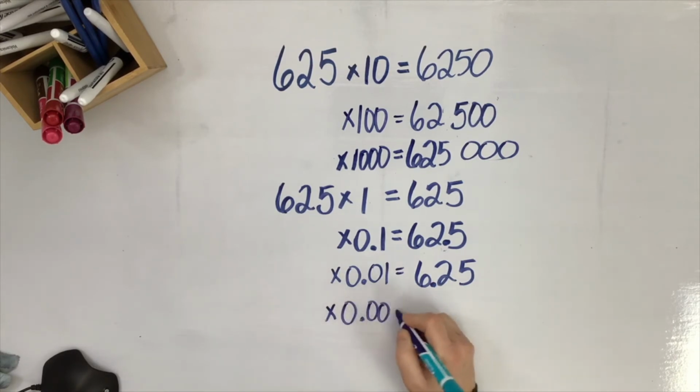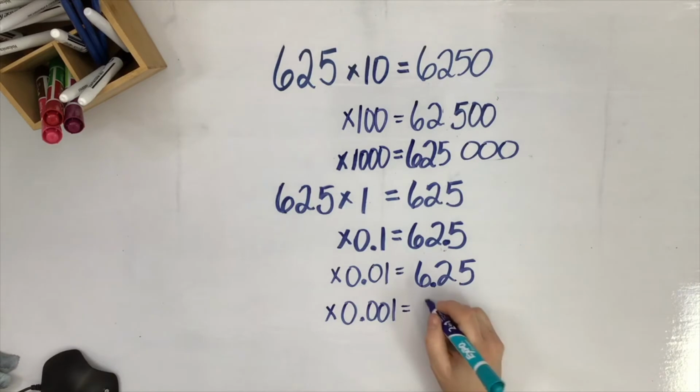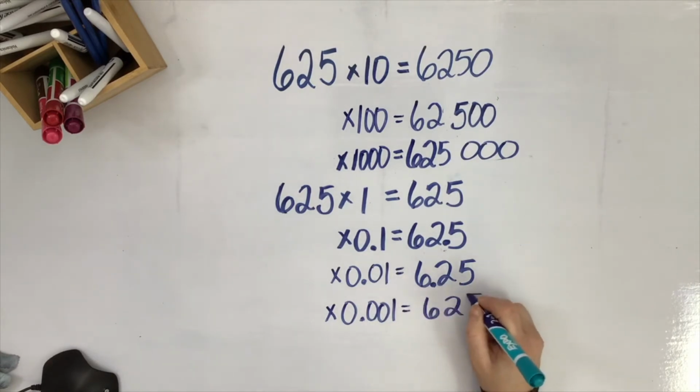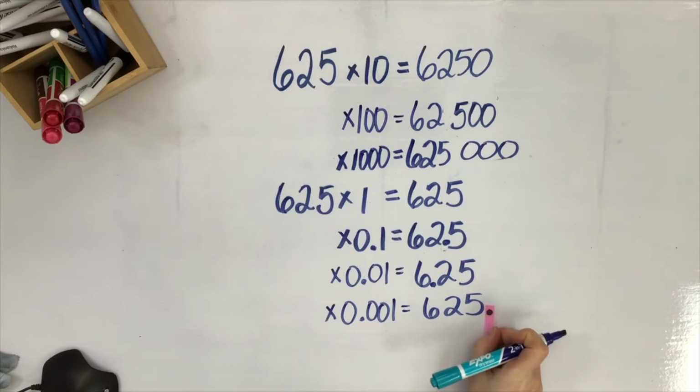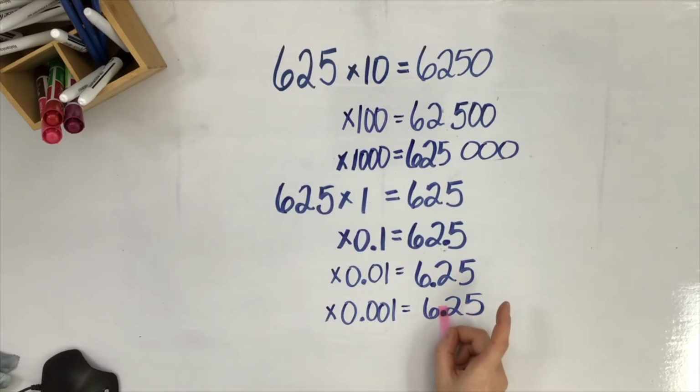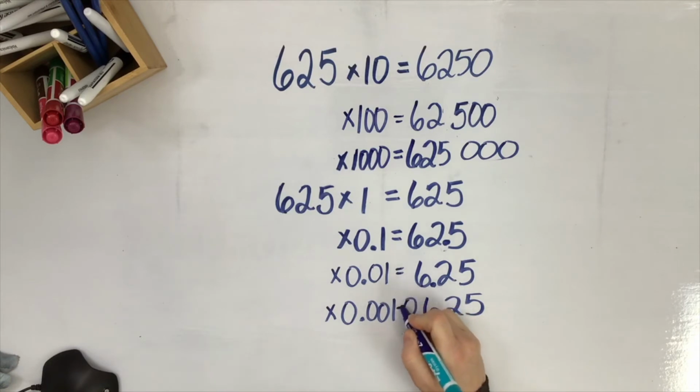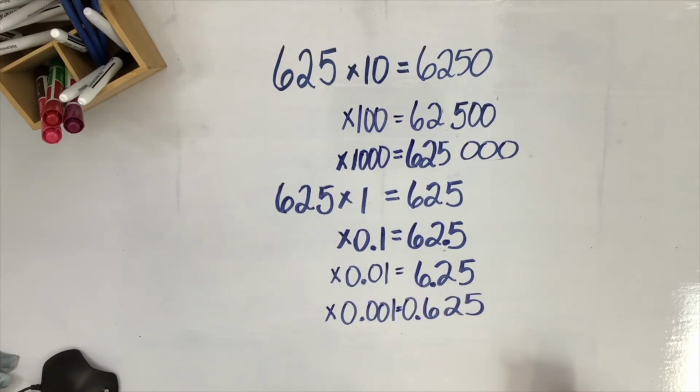Times 1/1,000. So we need our 625 to get 1,000 times smaller. So when the decimal starts here, 10 times smaller, 100 times smaller, 1,000 times smaller. So the answer would be 625 thousandths.